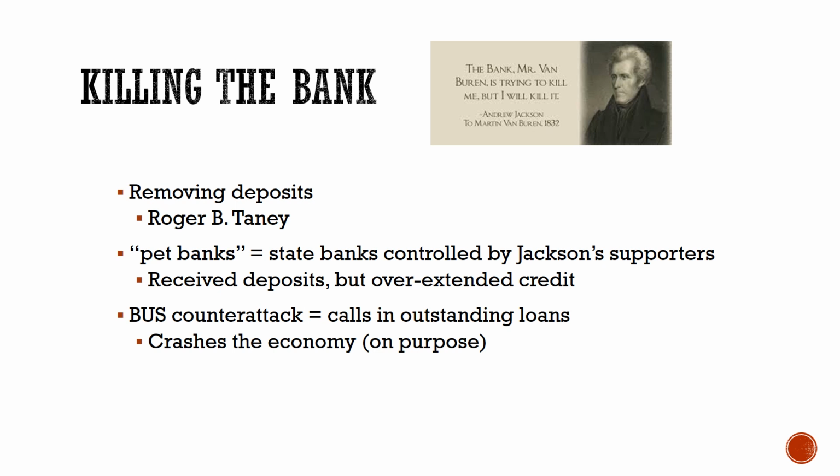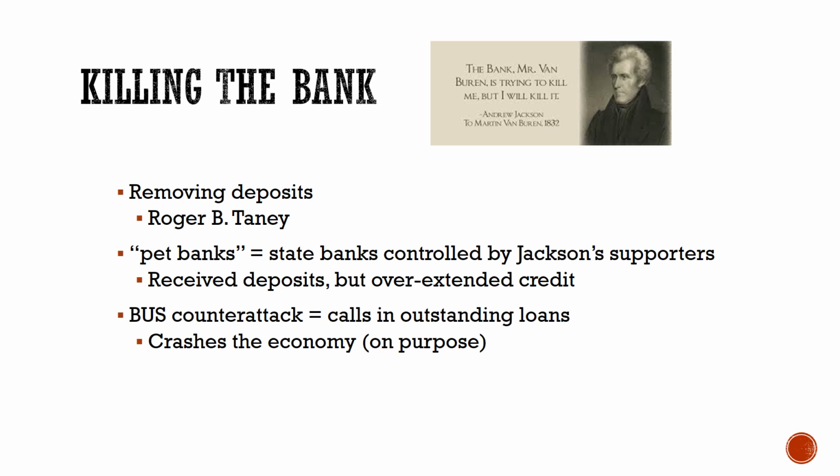This gives the BUS the ability to loan out that money and then make money on the interest from those loans. But if the U.S. government removes its deposits, then the BUS won't have the ability to make new loans because it doesn't have any money to loan out.